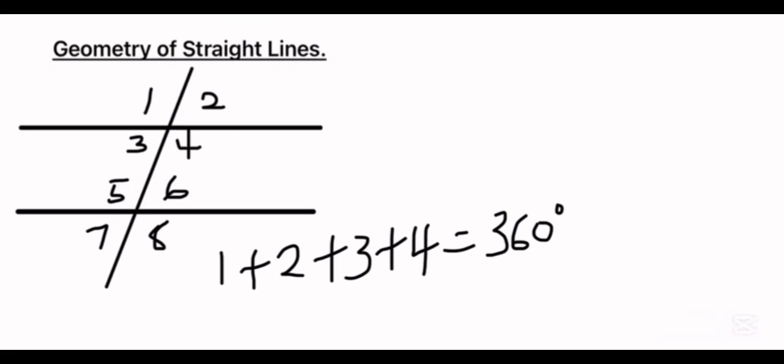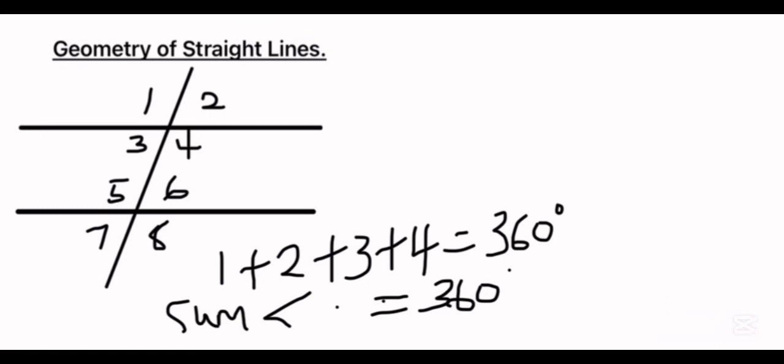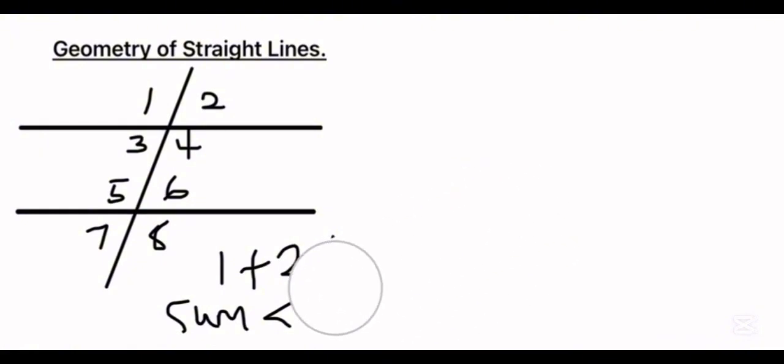Remember we said that the sum of angles on a point is equal to 360 degrees. So we have our reason, our theory here. Now, the same thing as angle 5, 6, 7, and 8. The sum of angles 5, 6, 7, and 8 is also going to be 360 degrees.